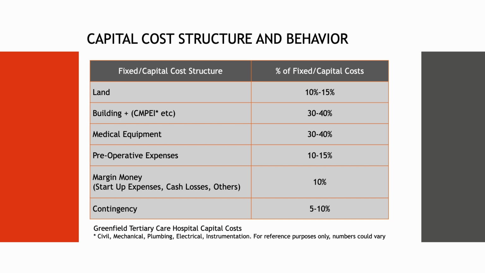Another interesting question that I'm normally asked is about the capital cost. So many entrepreneur doctor friends come up to me and say, how much would it cost to set up a hospital? Fair question, but not so straightforward to answer, because the costs can vary quite widely depending on whether the entrepreneur doctor intends to set up a primary, secondary, or tertiary care hospital.